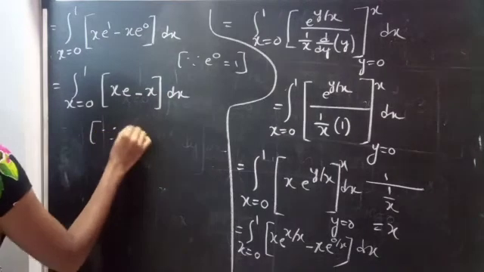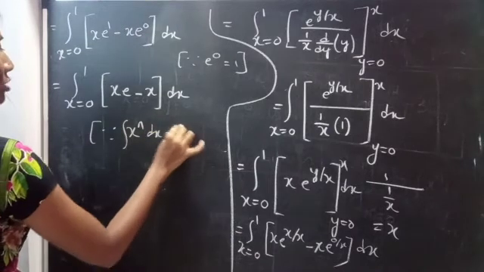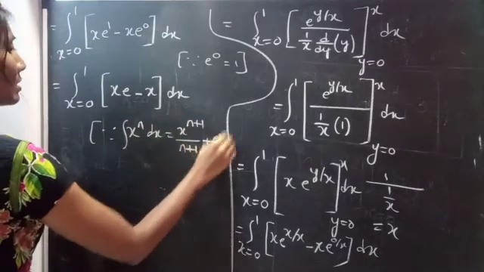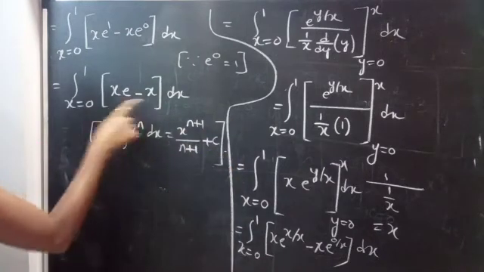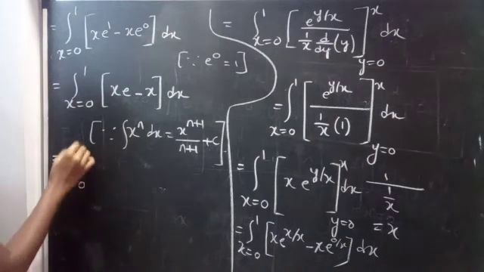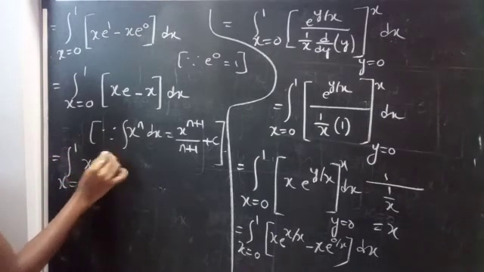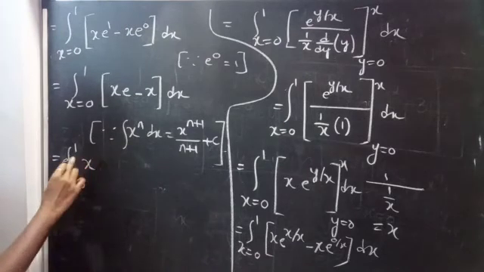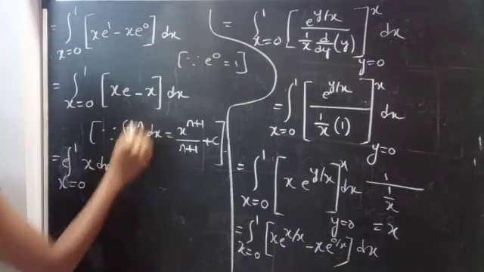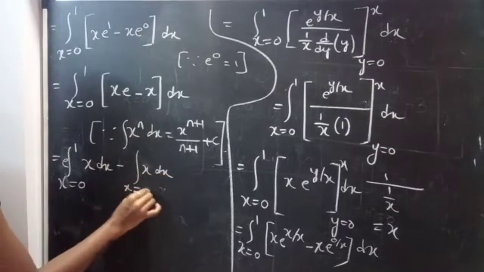Since integral x power n dx is equal to x power n plus 1 by n plus 1 plus c, apply the formula. This is equal to integral x equals 0 to 1 of e times x dx minus integral x dx for x equals 0 to 1.